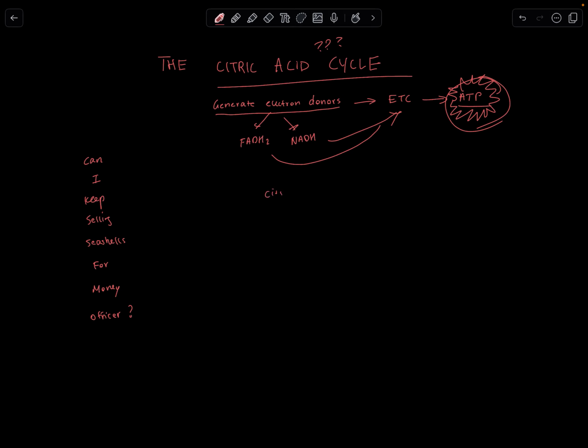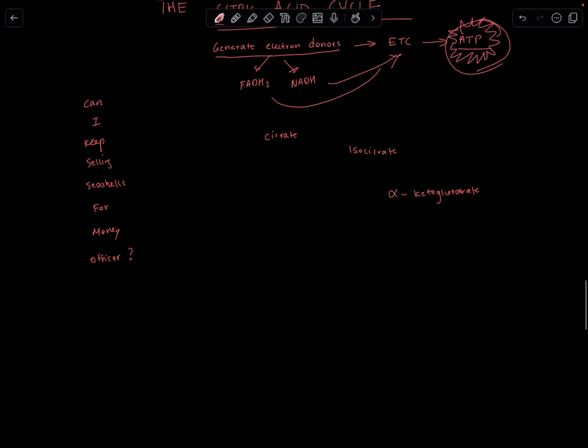Can is for citrate. I is for isocitrate. Keep, the K is for ketoglutarate, but it's alpha-ketoglutarate. All right. Selling, the S is going to be for succinyl-CoA.